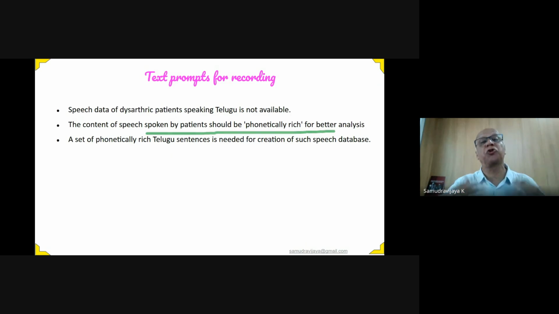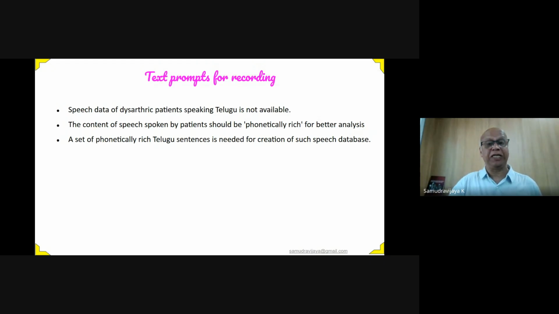Only certain speech sounds will be recorded, and many consonants may not be recorded. Whereas a general purpose speech recognition system should be able to recognize any sequence of words. Therefore, it should know the characteristics of all the sounds of the language spoken by people with dysarthria.